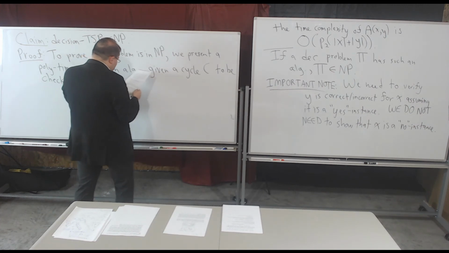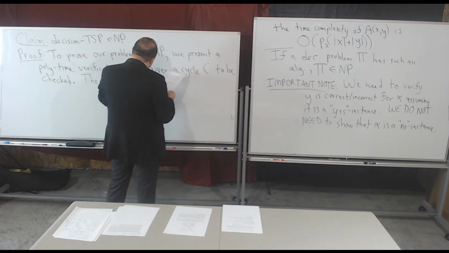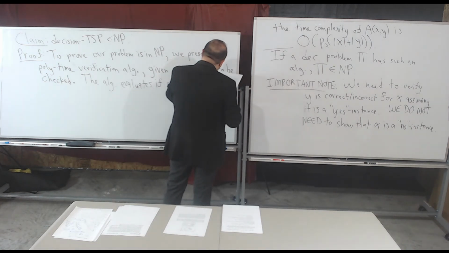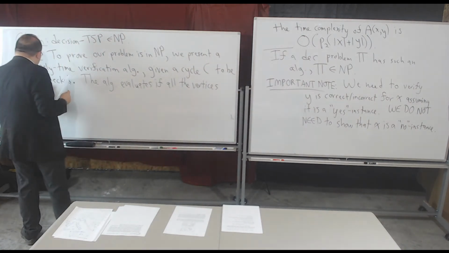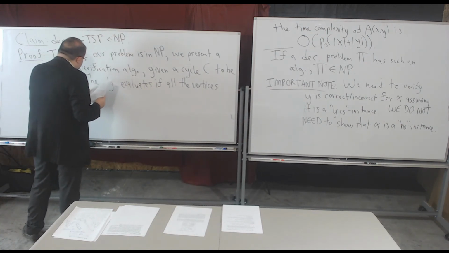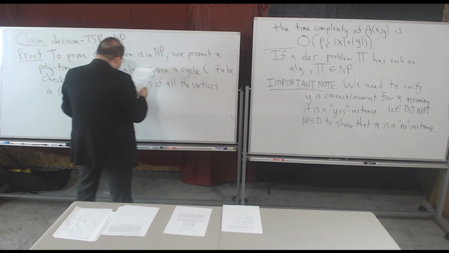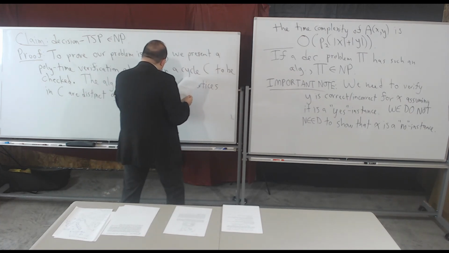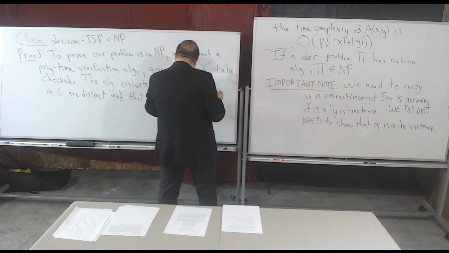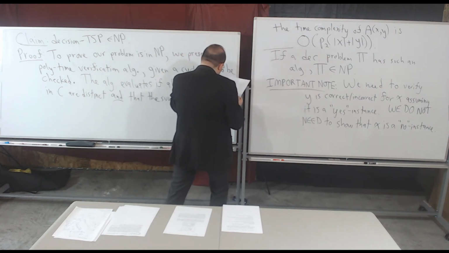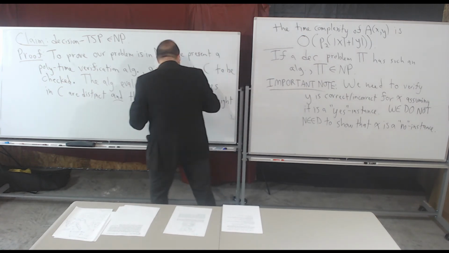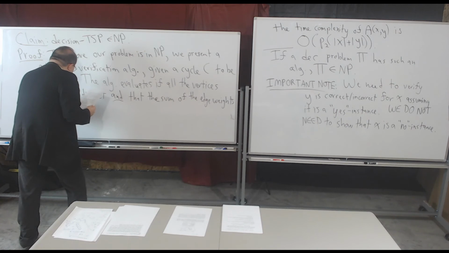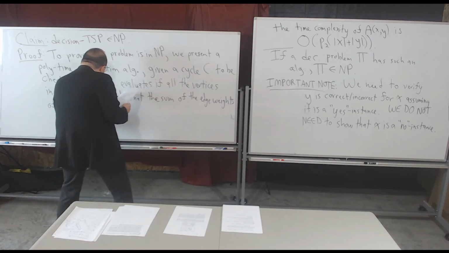The algorithm evaluates if all the vertices in C are distinct, and that the sum of the edge weights of edges in C does not exceed K.